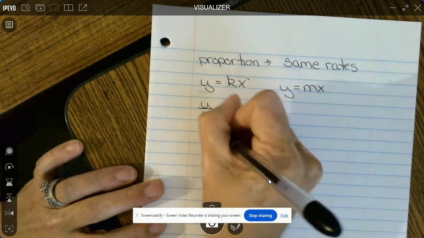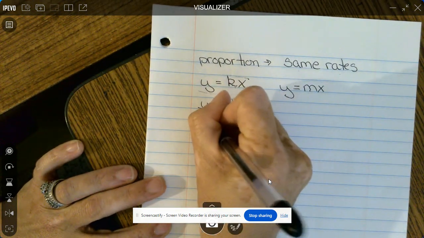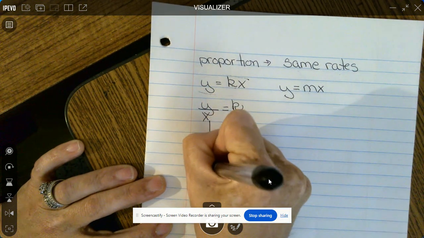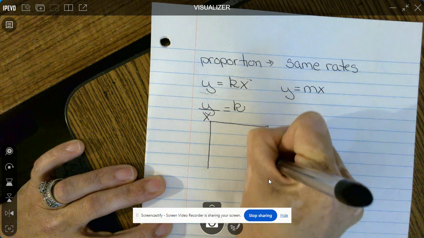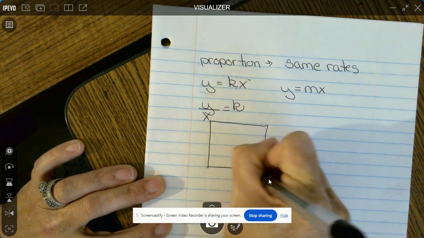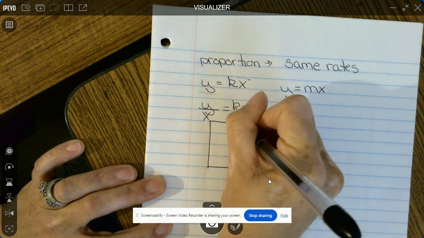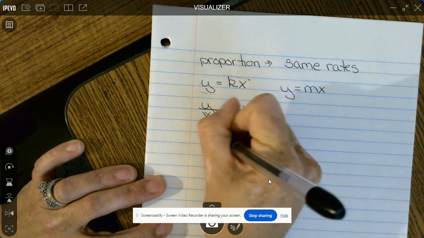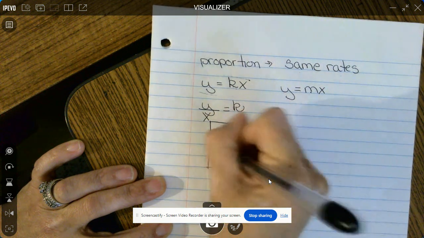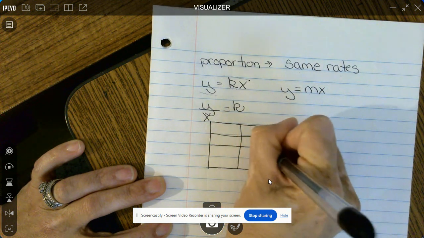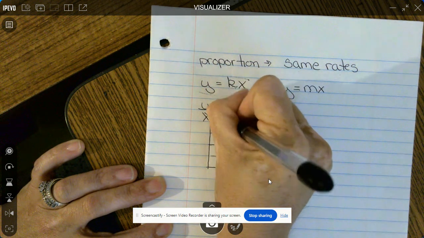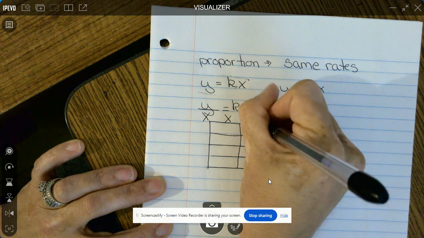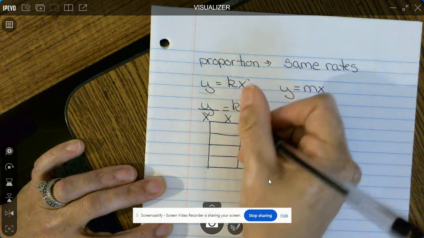So if we were to look at this graph, all right, I'm going to show you, or this table. We're going to go ahead and, on your own, figure out if this bad boy right here is proportional. All right, so this side is x, this side is y.